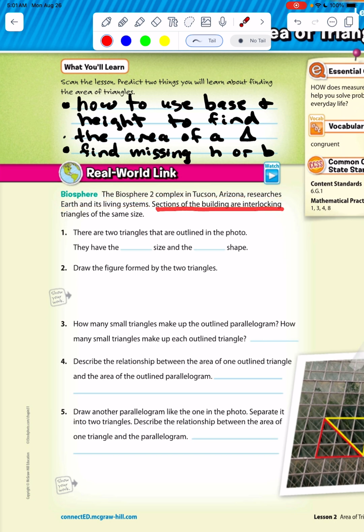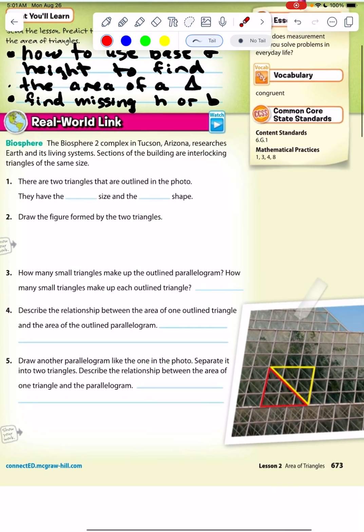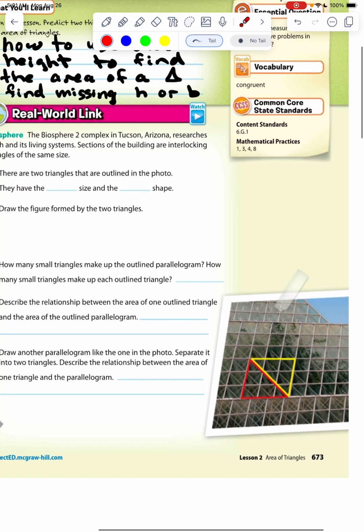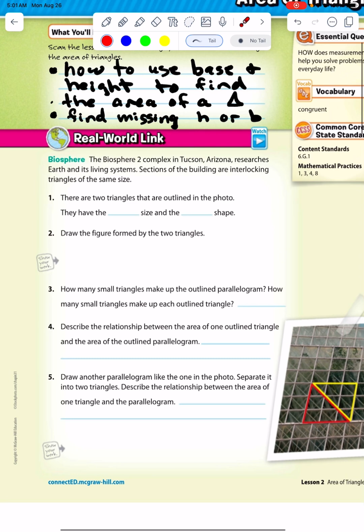Sections of the building are interlocking triangles of the same size. Ooh, I bet that building is beautiful. Look at here. Interlocking triangles, or you can see smaller ones here. Okay, there are 2 triangles that are outlined in the photo.